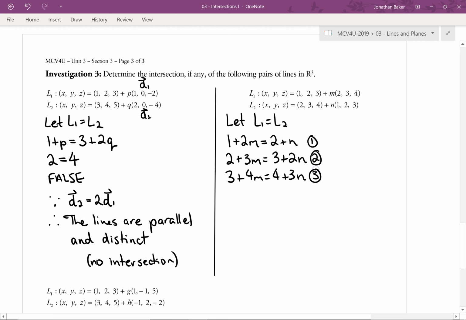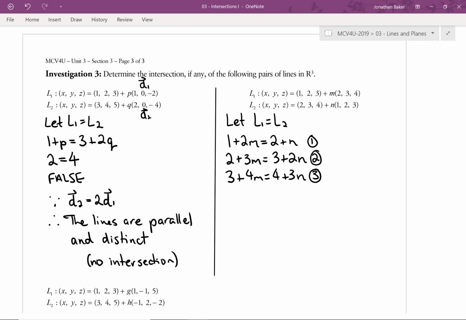Now what we have here is 3 equations in 2 variables. If we had 3 equations in 3 variables, then we would have a full-blown matrix, and we would need to do some pretty advanced Gauss-Jordan elimination or back substitution. But since this is really only 3 equations in 2 variables, we're just going to have to solve 2 of them, and then check the third one to make sure that it's consistent.